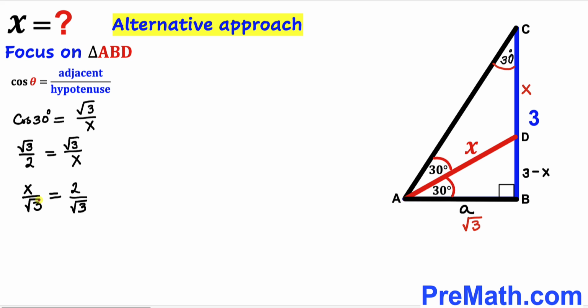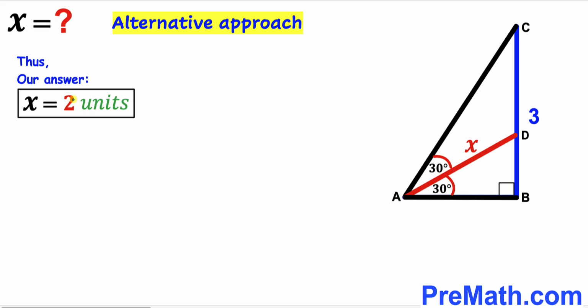Now we can see the square root of 3 cancels out on both sides. We conclude that our x value is simply 2 units. Thus our x value turns out to be 2 units as well by using the second method. And that's our final answer.